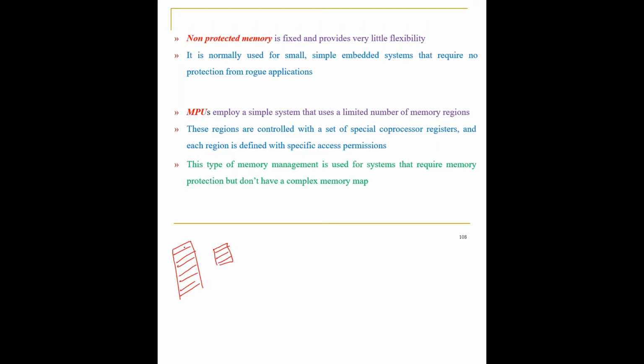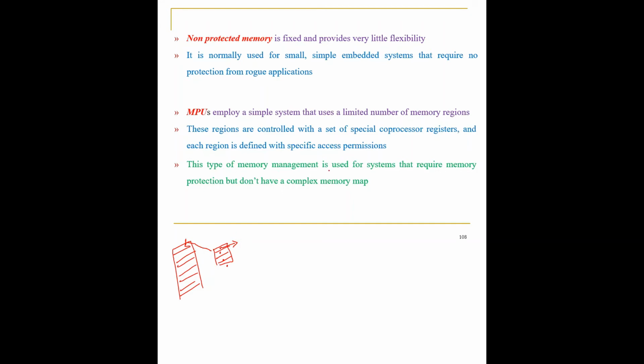The address at which the data is located will be present in these special coprocessor registers, and if you want to access this memory location, then you need to get some kind of code, something like a protected code, which is stored in the coprocessor register, so that you can access the data present here.